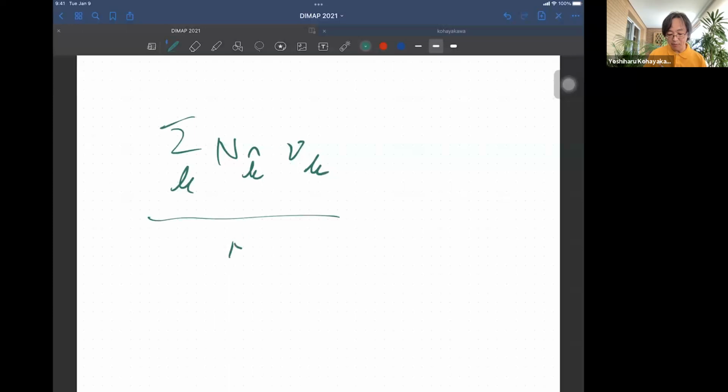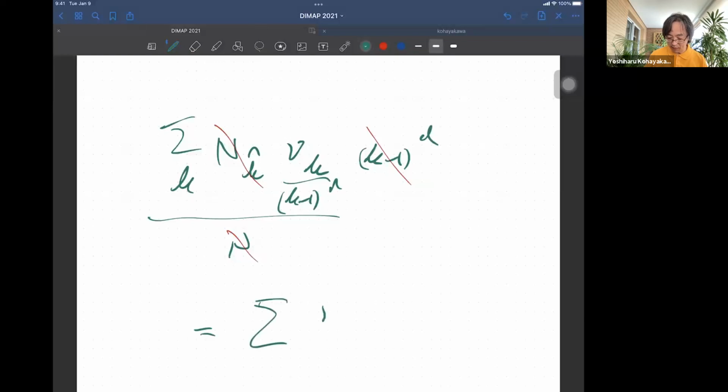And it's this divided by N. Okay, so I divide this by K minus 1 to the D, and then this times this is equal to N. So I cancel, and therefore I get the following. I have nu K raised to K minus 1 to the D.